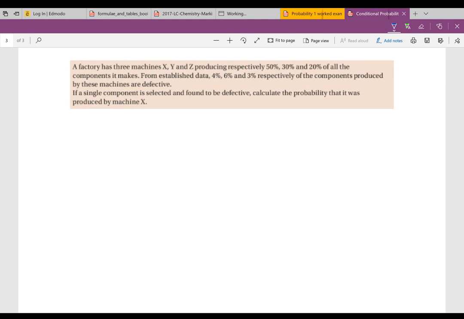Okay, so this is actually what I'm asked here. If a single component is selected and found to be defective, so this is the condition. The probability of A is that it is defective.